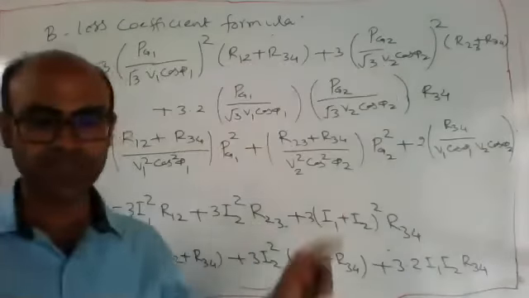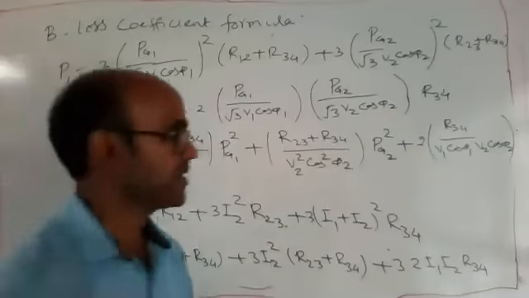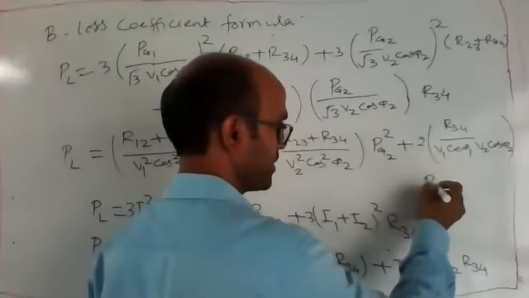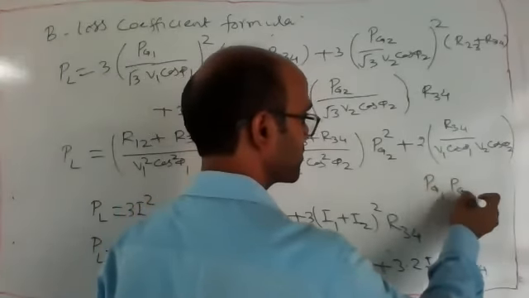I think it is visible. Then multiplied by PG1, PG2. Here will come PG1, PG2.